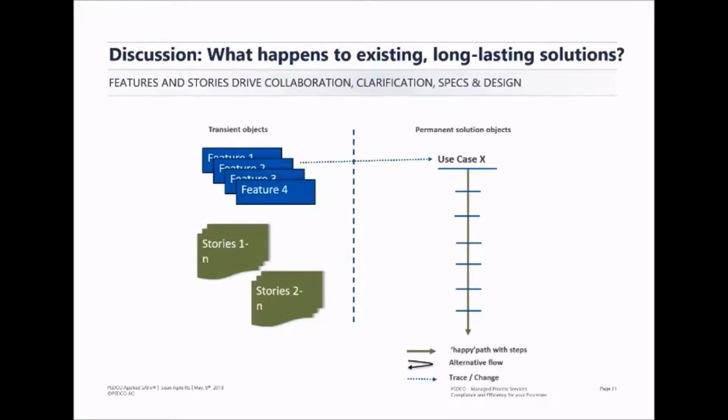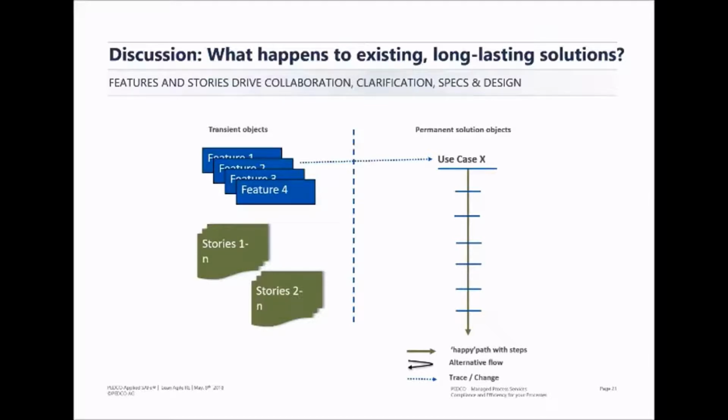One discussion topic that we face sometimes as well is that applications already exist, they include a lot of diagrams, structured diagrams, Nassi-Shneiderman diagrams, use case models, and so on, and they have a long expected lifetime.